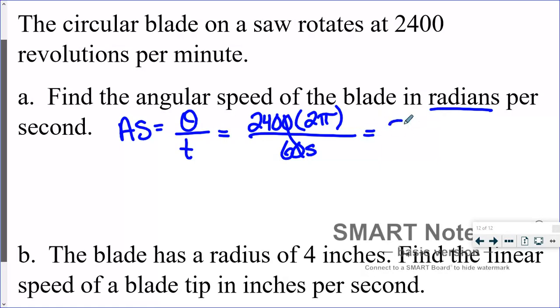So this is going to be 80 pi radians per second. And since we're talking about radians, it's perfectly acceptable to just leave that in terms of pi. We typically like radian measure in terms of pi.